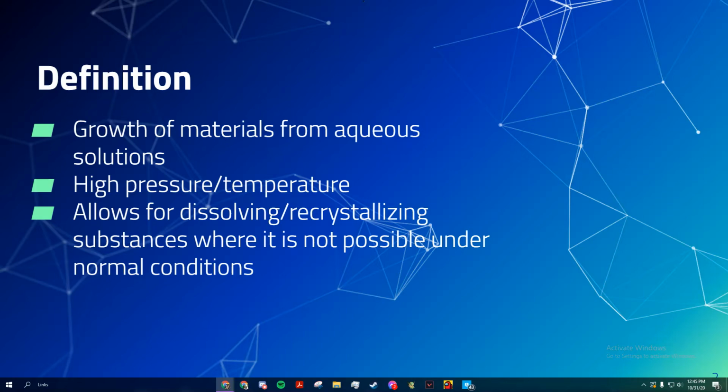And so the term hydrothermal usually refers to any heterogeneous reaction, so having multiple different components, in the presence of these said aqueous solvents under high temperature and pressure conditions.